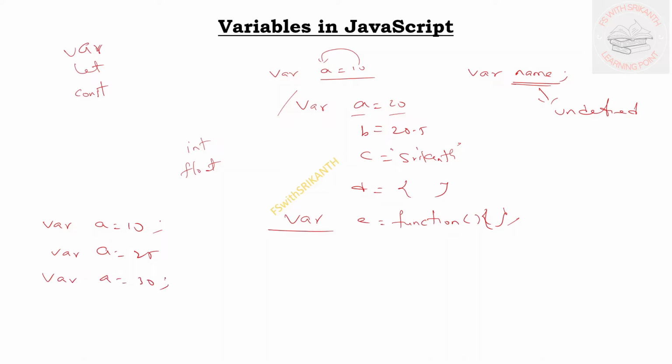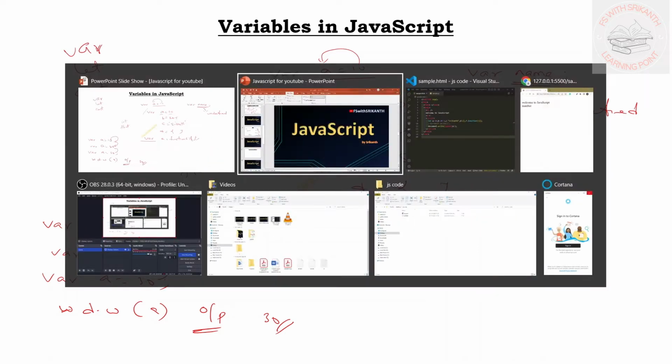Then what value will be printed by document.write of a? Our output will be 30. Why? Because the variable is updated. This is variable scope.